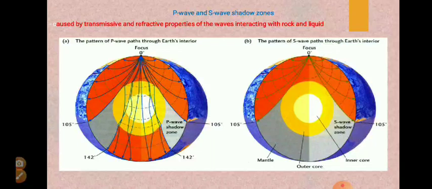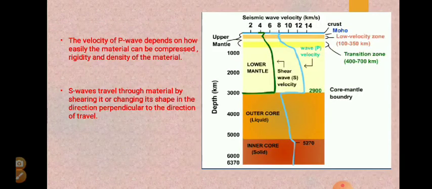So P waves and S waves make a shadow zone here. This is a seismic wave velocity graph of P wave and S wave.